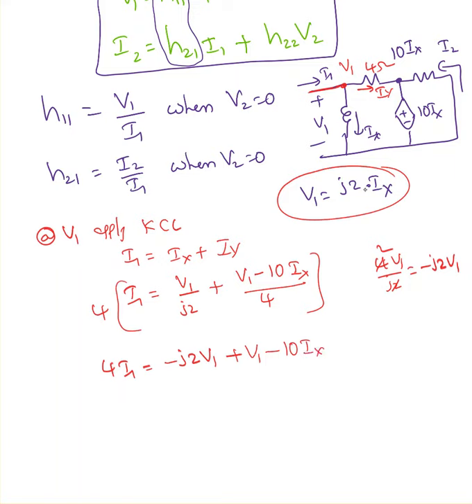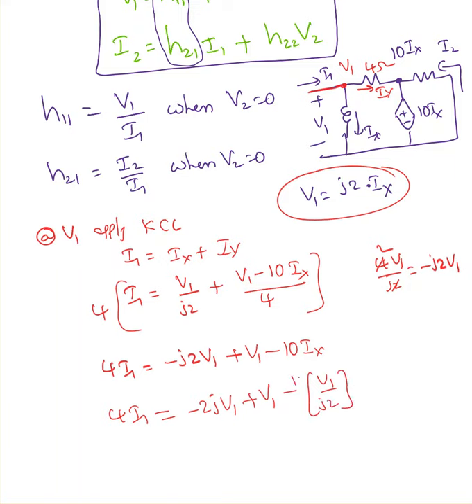What I'm going to do, I'm going to substitute Ix equal to V1 over J2. So 4I1 equal to minus 2J V1 plus V1 minus 10 V1 over J2.